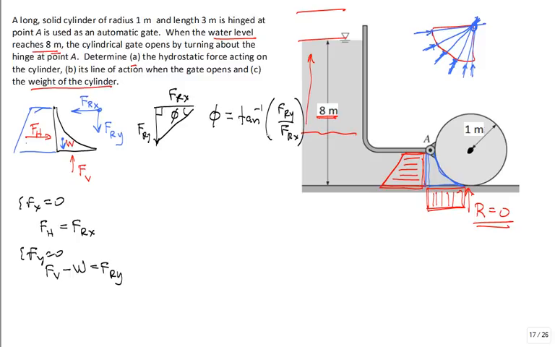Let's get maybe the weight of this chunk of water. That W right there is what I'm looking to calculate. How do I calculate the weight of the chunk? What I have to do is get the volume, and the weight is the density times the volume times g. The density of water is easy. The volume is a little tricky.